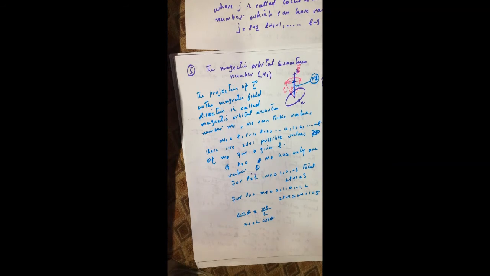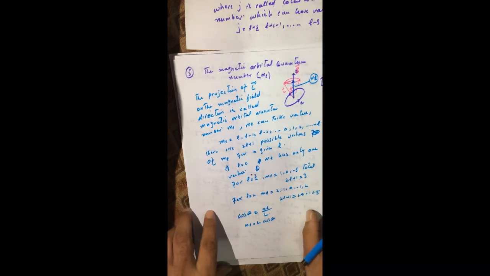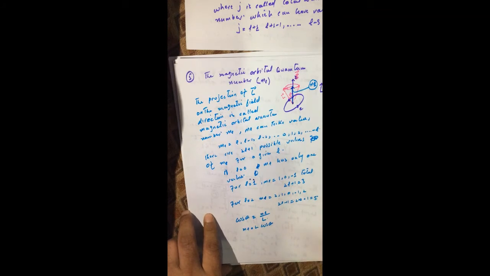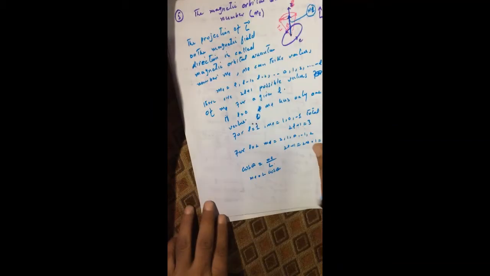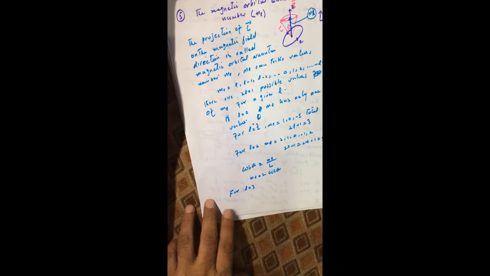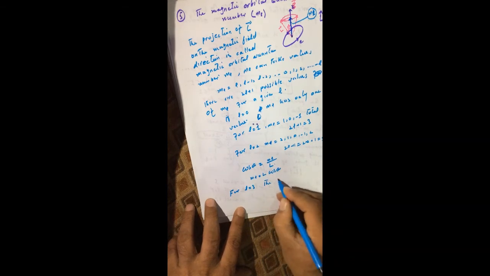Now here I will take an example. Suppose that for L is equal to 3, the permitted orientations of L are 7.